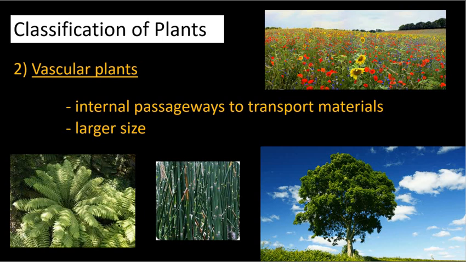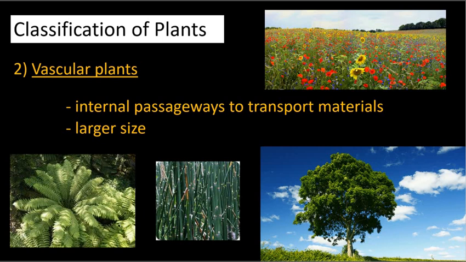These are the ones like ferns, bamboo, flowers, grass, trees, corn, all of these different plants that you're used to seeing and interacting with and eating and all that type of thing. These are the vascular plants. We will later talk about what those different tissues and passageways are made out of and how they function. But right now, just realize those are the two main categories.